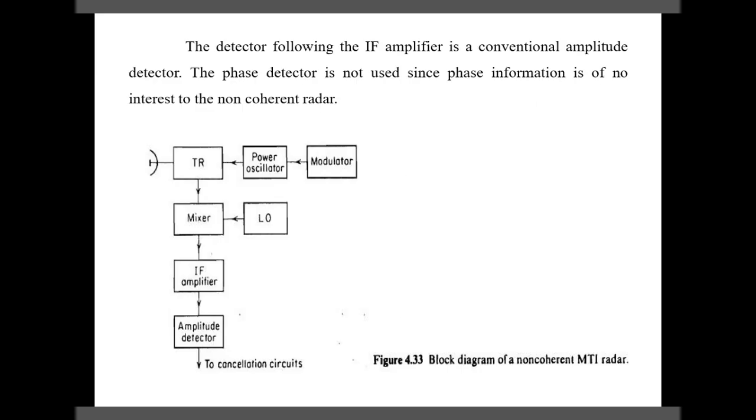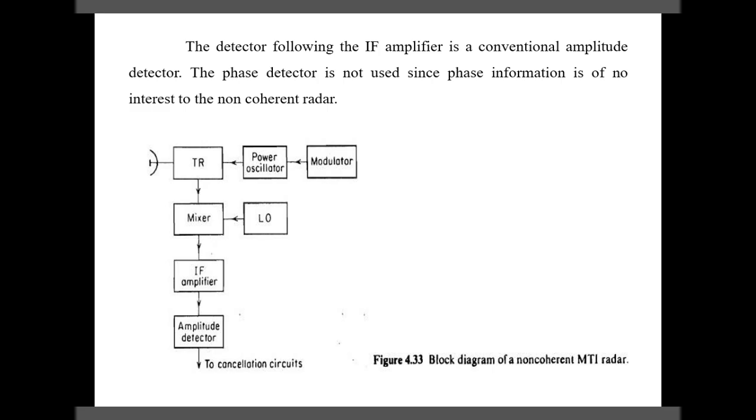Now we will see the block diagram of this non-coherent MTI radar. It consists of a power oscillator. It consists of a modulator to generate the pulse. It consists of a duplexer or transmitter-receiver switch to connect to the antenna. It consists of one local oscillator that is used to generate the IF signal from the received RF signal with the help of a mixer, and it consists of an amplitude detector.